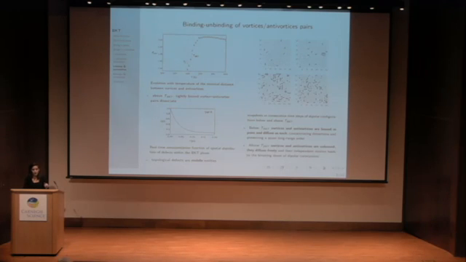Below T_BKT, we see that the pairs diffuse as a whole, so the defects do not diffuse freely or independently. They are confined within these pairs, and it is this diffusion as a whole that warrants the quasi-long-range order.